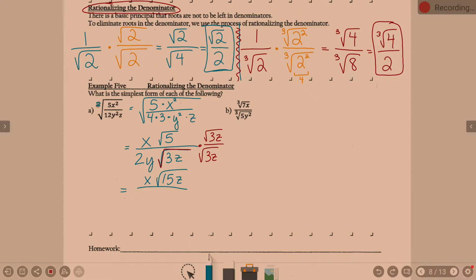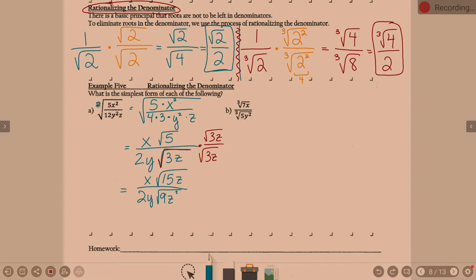On the bottom, I have a 2y, which stays out front. What is square root of 3z times square root of 3z? Okay. One way to think about this is that it is square root of 9z squared.